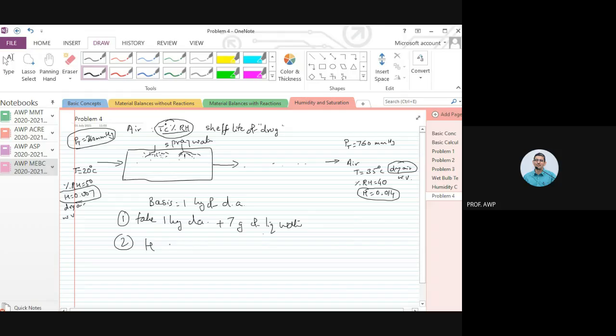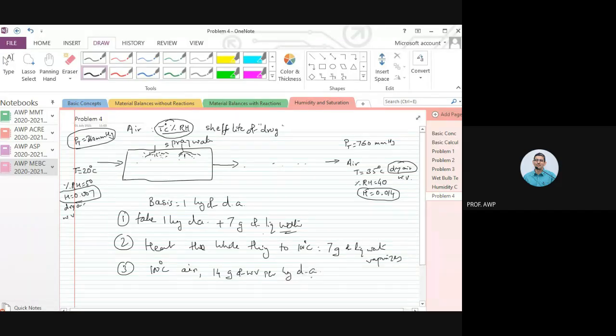Then heat the whole thing to 100 degrees centigrade, so that this 7 grams of liquid water vaporizes. So then we will have 100 degrees centigrade air, and that air will contain 14 grams of water vapor per kg of dry air, isn't it? Is that what you are saying? Yes, sir. And then cool this to 35 degrees centigrade. Is that what you are saying? Yes, sir.